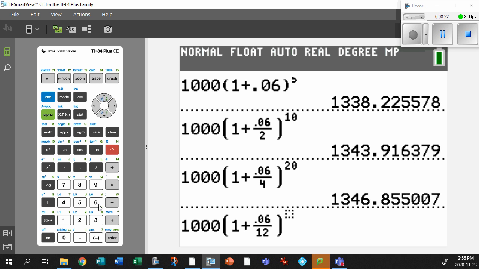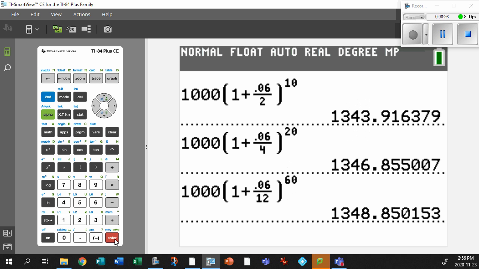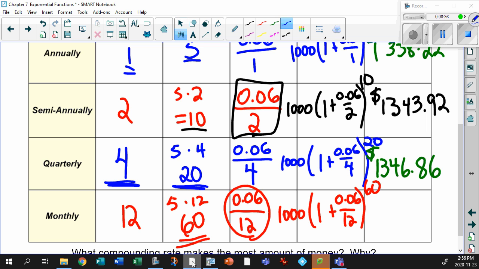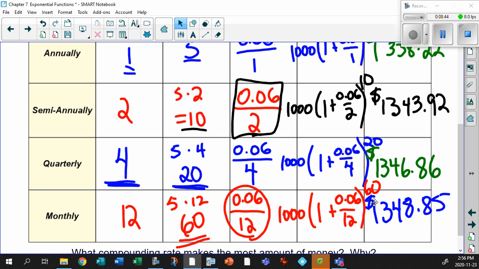Now, 60 compounding periods. Check out this interest rate right now. Look how much money you made. 1348.85. The most amount of money is done monthly, isn't it? Holy moly. Okay, 1348.85. Nice.